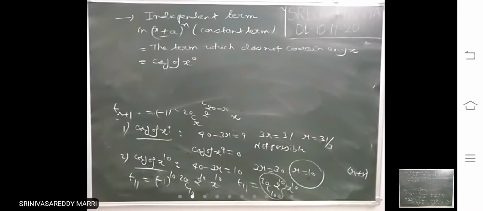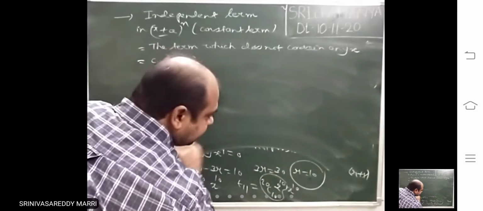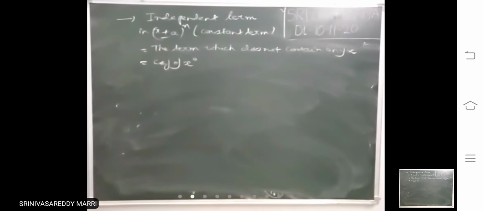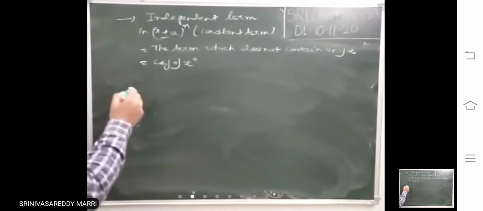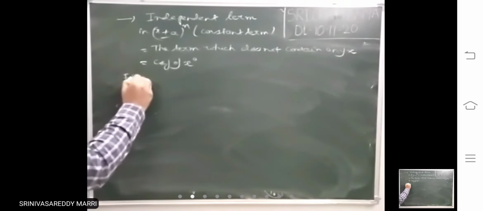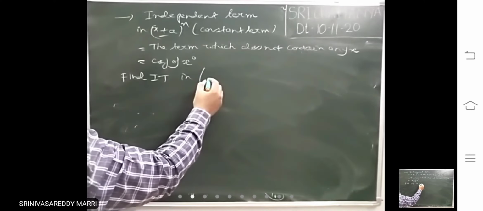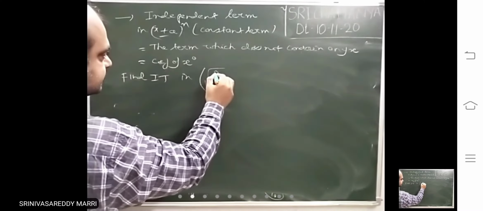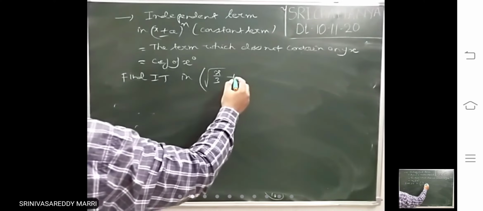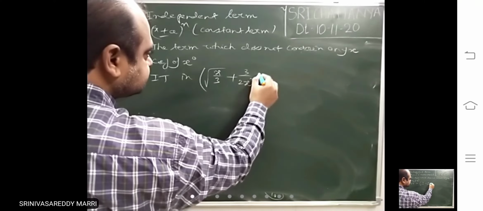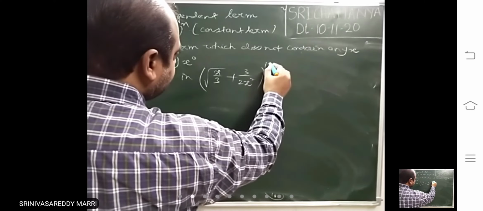Look at one example of an independent term. Find the independent term in the expansion of root x by 3 plus 3 divided by 2x square, whole power 10.